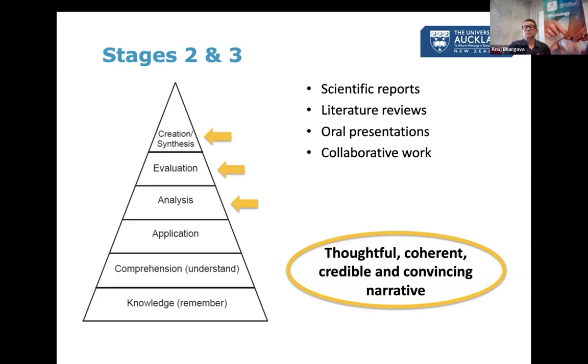And so our assessment is usually by means of scientific reports, literature reviews, oral presentations, and also collaborative work in the lab space. So what we teach, how we teach, and what we really want to instill, we want to make sure that it's all aligned constructively.